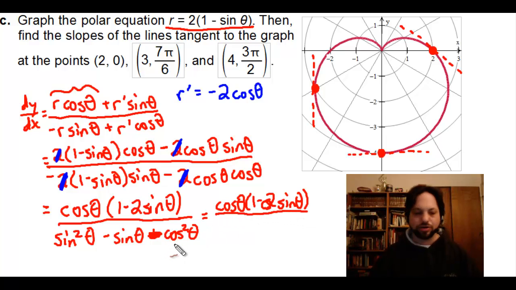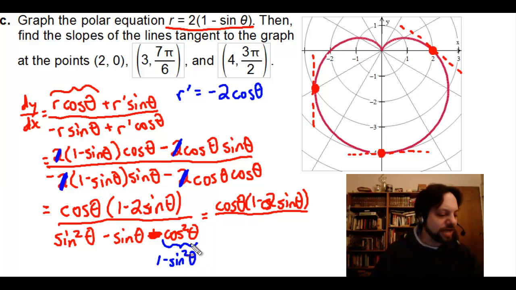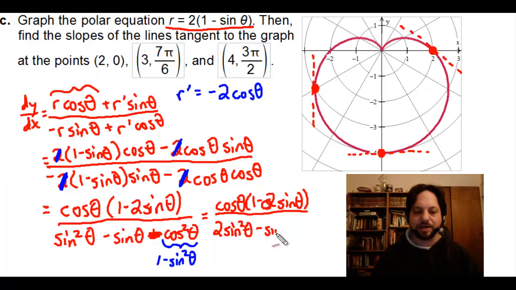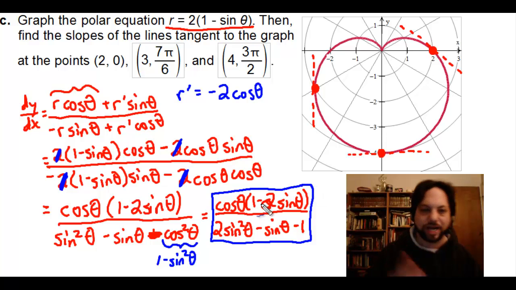If I call this cosine squared term 1 minus sine squared, then I end up with an actually pretty nice simplification here, where my denominator will be 2 sine squared theta minus sine theta, and then minus 1. So personally, I think this is a lot prettier, although it's completely up to you. The previous answer is still correct.